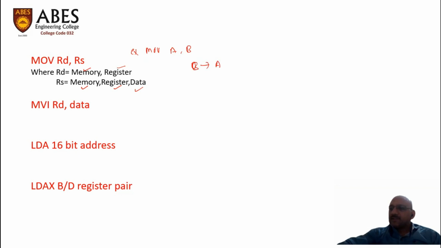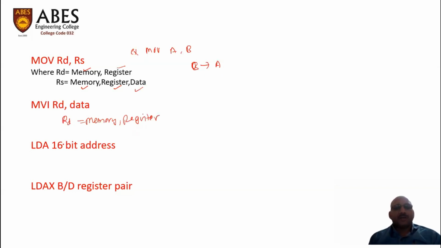In the same manner, the second instruction is MVI Rd, data. It is the same as the move instruction, but it moves the immediate data to the destination, and the destination again can be memory or any register specified in the 8085.